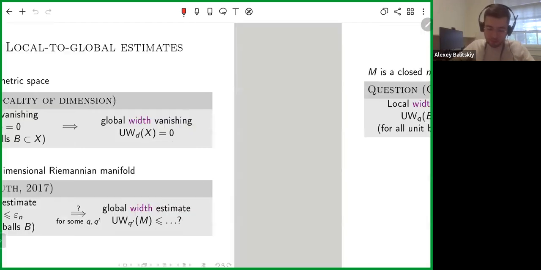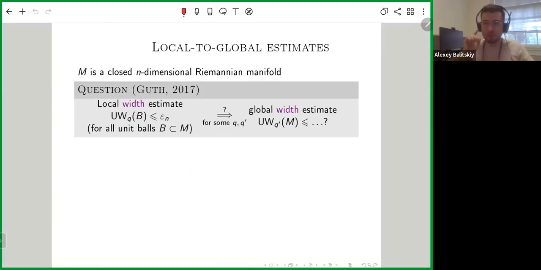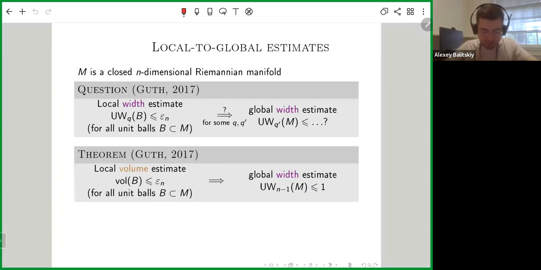Before I say why, I just want to mention that this question was motivated by a related statement of Larry, which is an awesome theorem, which says that local volume bounds imply global width bounds. Let's think of a Riemannian manifold; from now on, we're in manifolds.